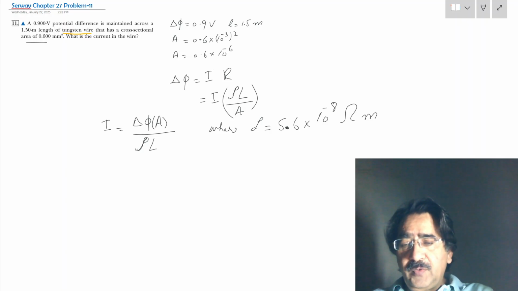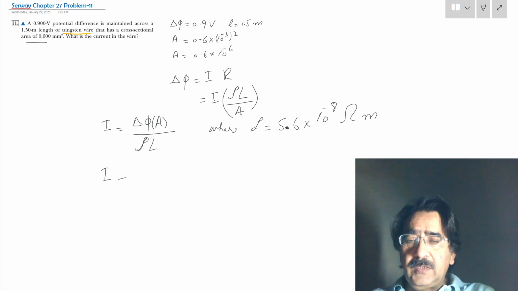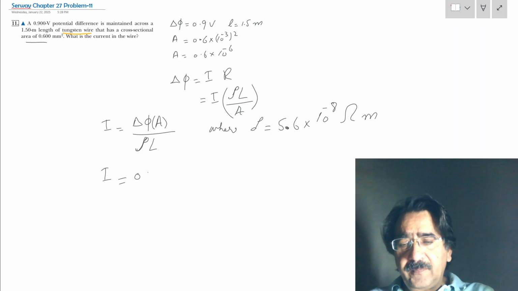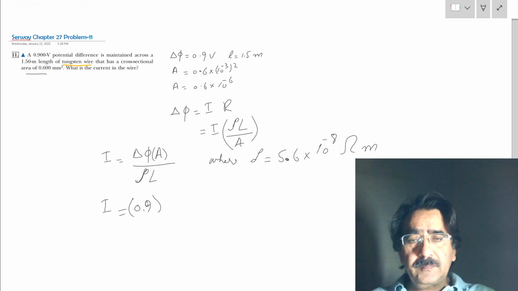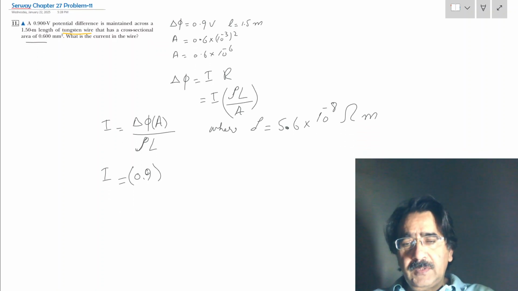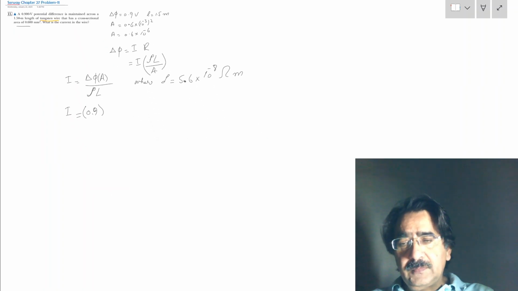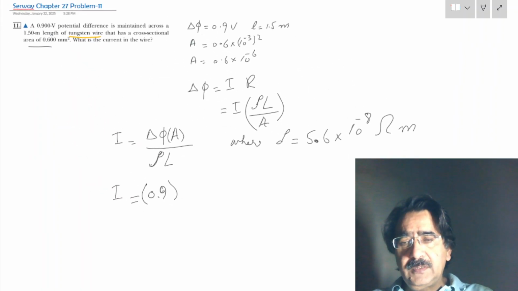Okay, so by putting all the values, delta phi is given, that is 0.9 volt, and A is... I don't know why there is a problem.